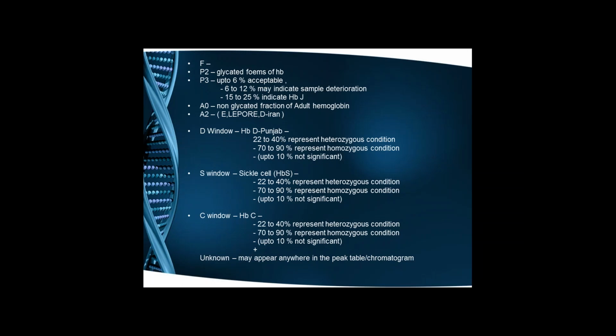So if someone has a high percentage of P2, we can safely say that he is having high HbA1c and should be investigated further, although this machine is not made to give a comment on HbA1c. The P3 peak is important because of HbJ Meerut, which is seen in some parts of India. Then there is an A2 window, A0 window, D window, S window, and various percentages of it. Next.